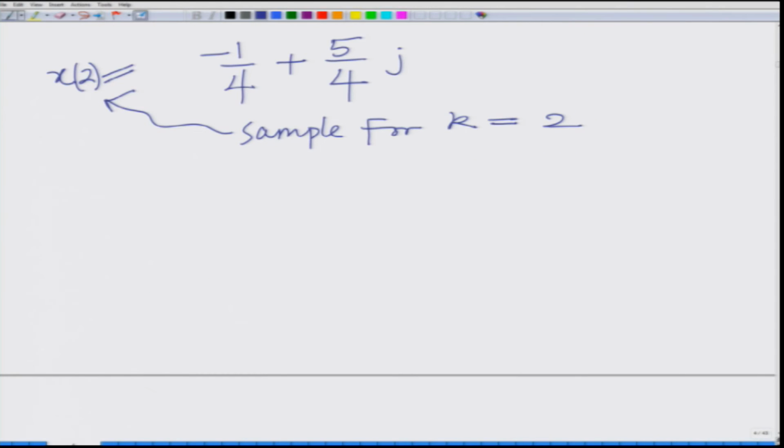And similarly I think we can do the sample small x3 corresponding to k equal to 3, just to be a little bit more explicit to illustrate how to compute these things, although I am sure that all of you can do this simple 4-point IFFT yourself, just to explicitly illustrate the process.